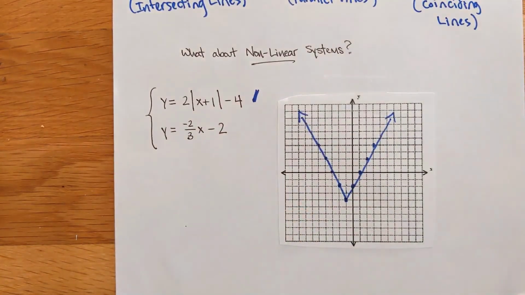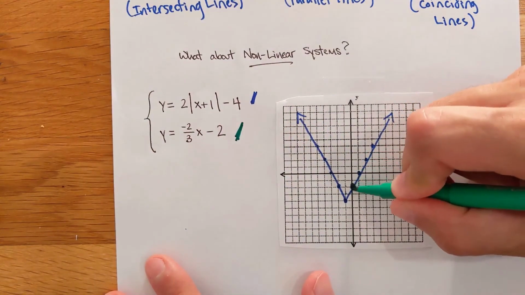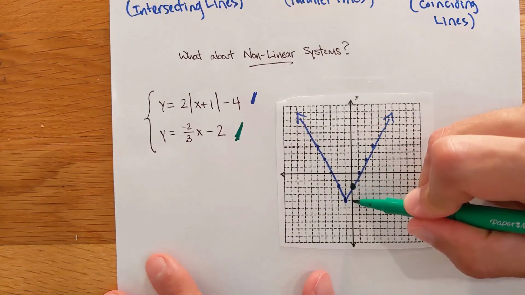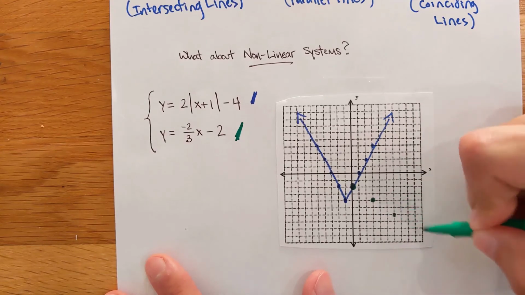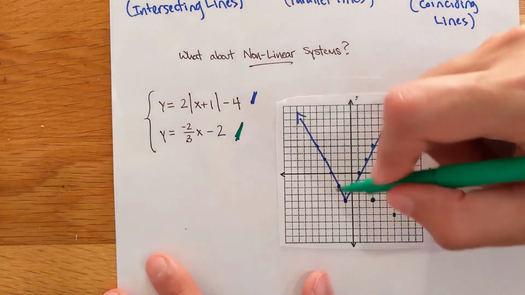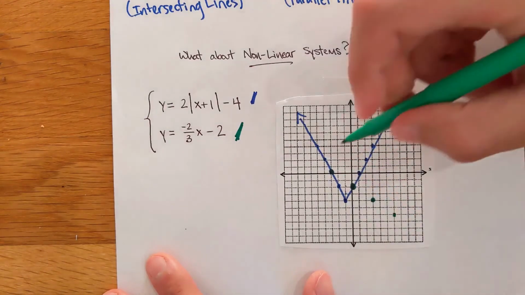And then my second equation, I'll make this one green. This guy is linear. So I'm going to start at -2, and I'm going to count down 2 over 3. Down 2 over 3. And I can keep going this way, but obviously that's not helpful. So I'm also going to reverse it and go up 2, left 3.